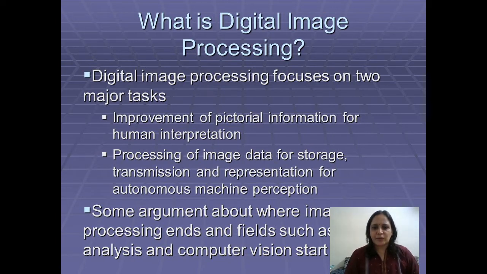We have to see what things come under this processing. There are two major things. One thing is improvement of the pictorial information for human interpretation. We are improving the information so that we can see it clearly, and we can interpret the data very clearly.